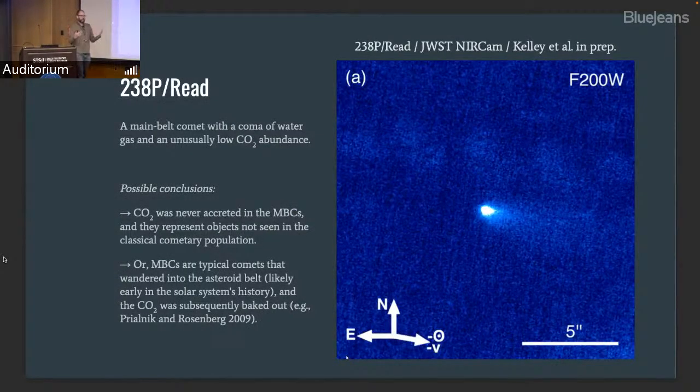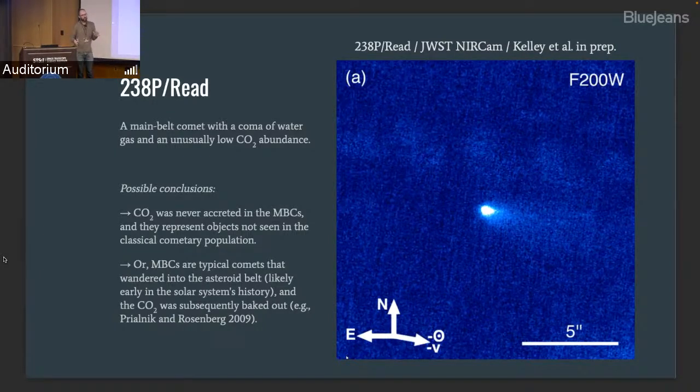Now, that CO2 to water ratio, because of the different volatility of the two ices, we like to think of as a temperature gauge. Something about this comet is warm with respect to the more typical cometary population.